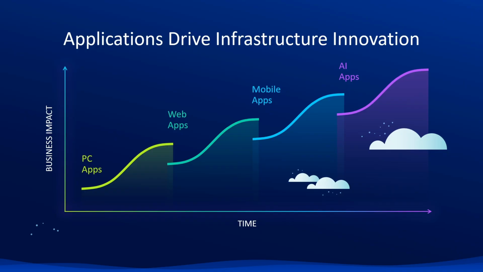Now, what has led us to where we are today? Many years ago, you had PC applications that were pretty much driving infrastructure on the back end. And for most people, PC apps were the stuff that was developed primarily for on-prem data centers, right?